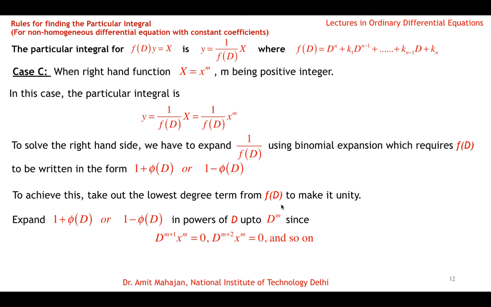So we only need to expand this using binomial up to D power m, that means the highest polynomial term present in this system. Finally, when this operator is expanded, we just operate on the polynomial term by term, taking derivatives. That will give us the particular integral.